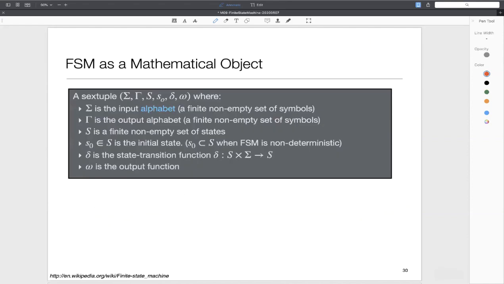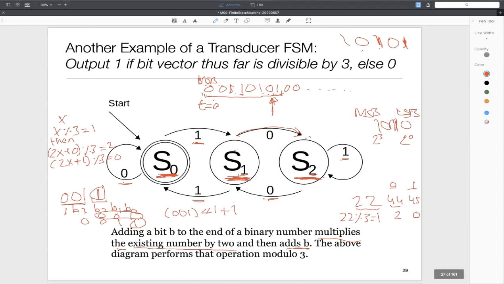The lambda, sorry, it's not gamma, it's lambda. It's the output alphabet. It's the set of symbols that we are outputting. Now again, in our previous example, it's just 0 and 1.